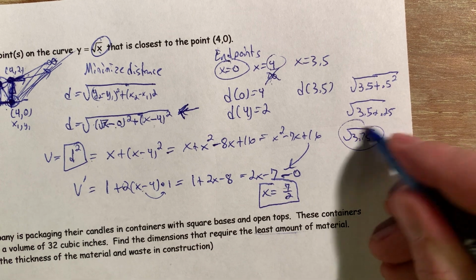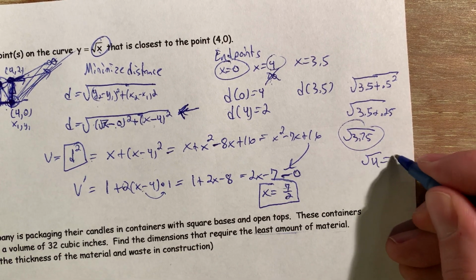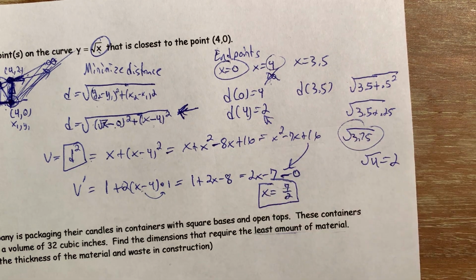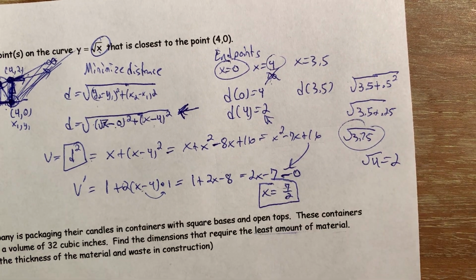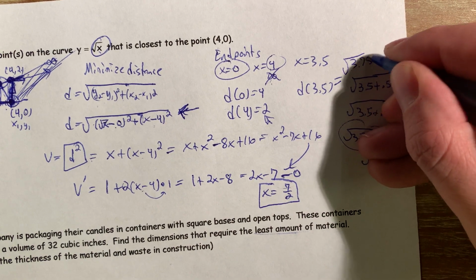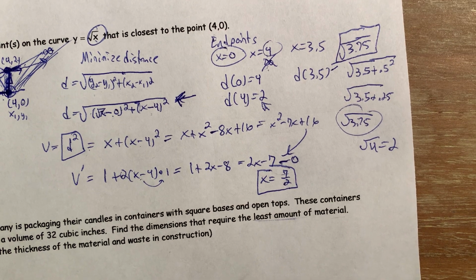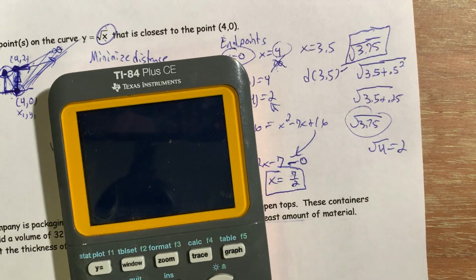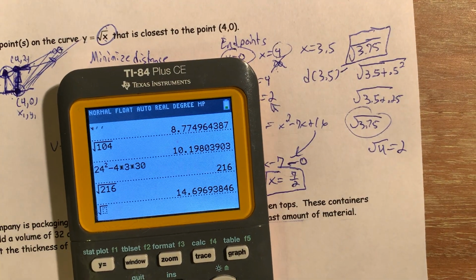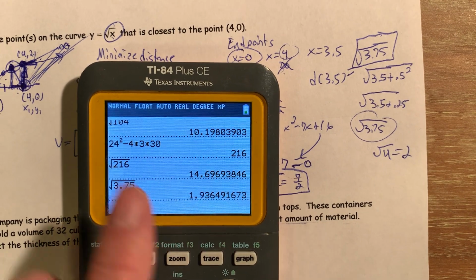But I know this is the right answer, and the reason I know it's the right answer is because square root of 4 is 2, and square root of 3.75 is a little bit less than 2. And so the square root of 3.75 is the answer. That is the minimal distance. I think this was a calculator section, so I think you could have done square root of 3.75 and been okay with it, and seen that that was a little bit less than 2.